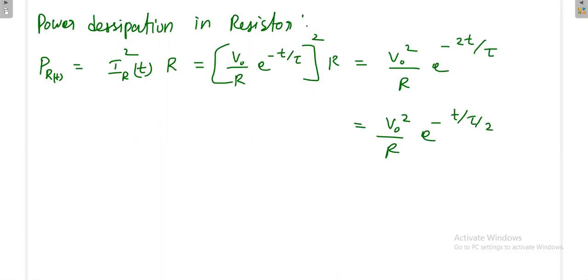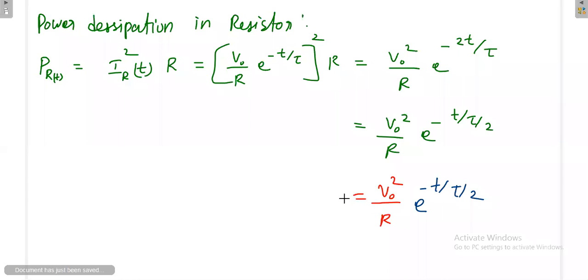Initially the power will be V naught square by R, because when t is 0, the power dissipation is more. But as time progresses, the current value is getting decreased, the voltage also getting decreased. Then the power dissipation also will get decreased with respect to time. This is the power equation of the power dissipation across the resistance.